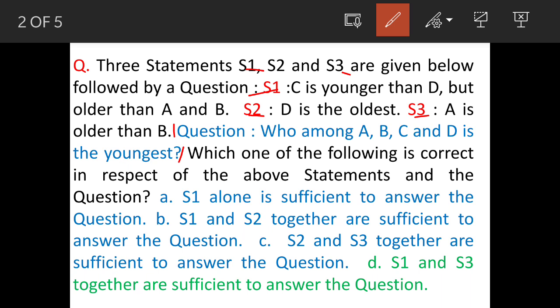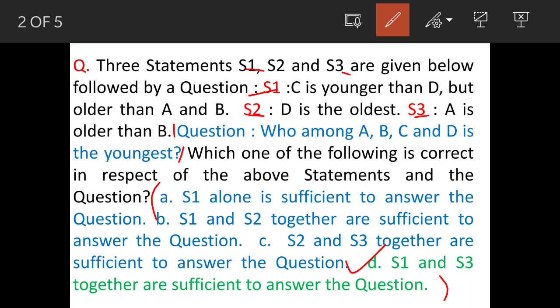And thereafter the options are given, option A to option D, about the correctness of the statements, and option D is the answer. That means statement 1 and statement 3 together are sufficient to answer the question. So in brief, the question is about the age of four people A, B, C and D, and who is the youngest.